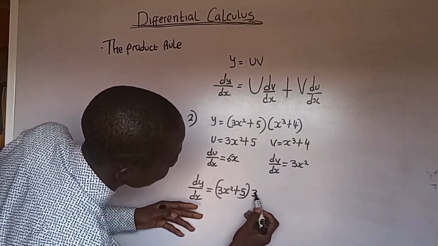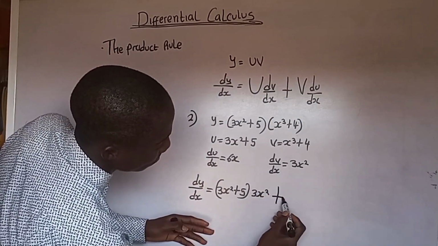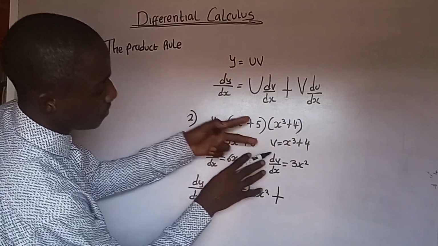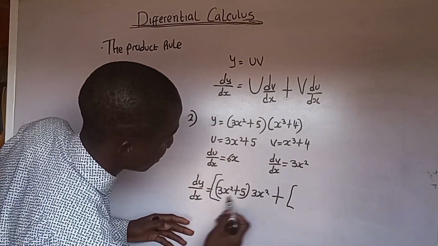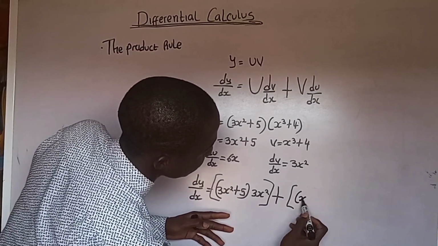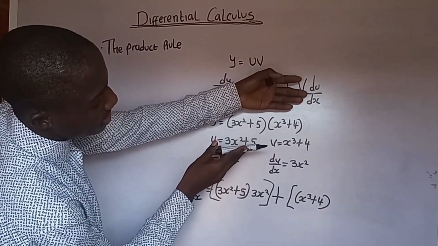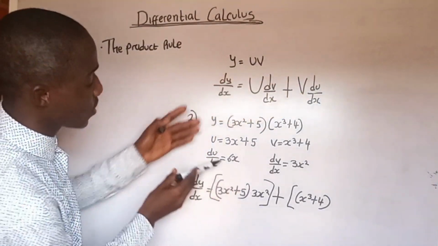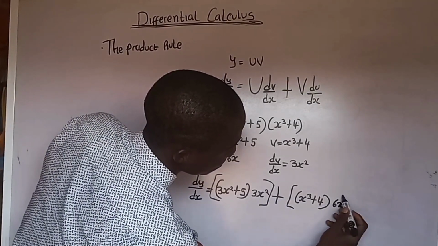So I'm going to have 3x squared, this addition sign, plus v is equal to x raised to the power of 3 plus 4. Let me put a larger bracket here. Then in my next parameter, I have du over dx. So du over dx is 6x, multiplied by 6x.